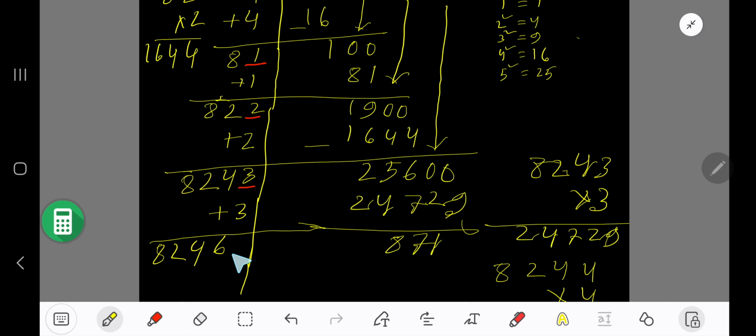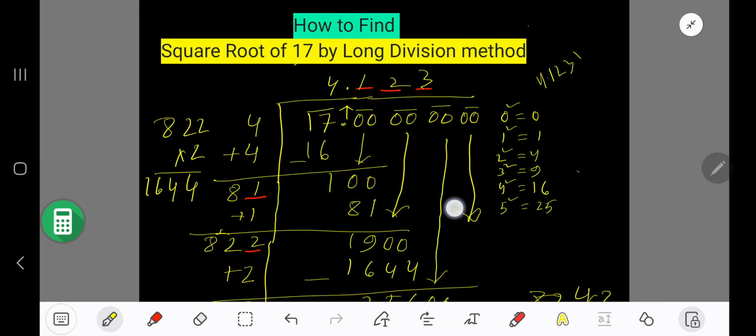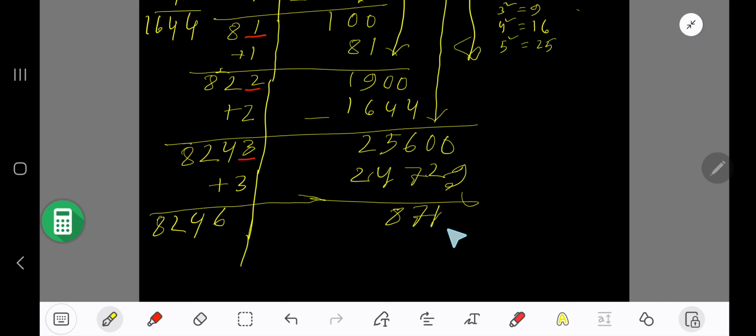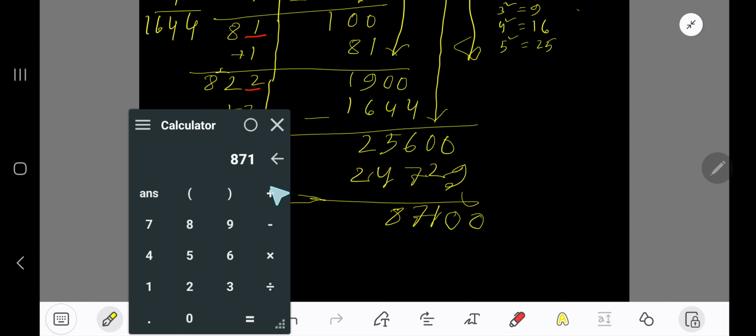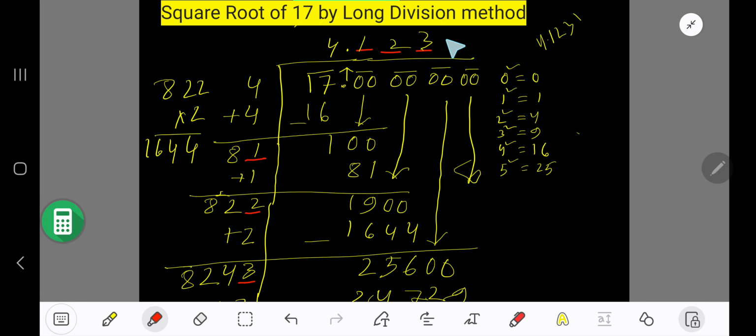To continue this process, you need to bring down this pair of 0. Now you need to consider a digit. Let me put 1, so 87,100, right? 1 will be okay, so this 1 will come here.